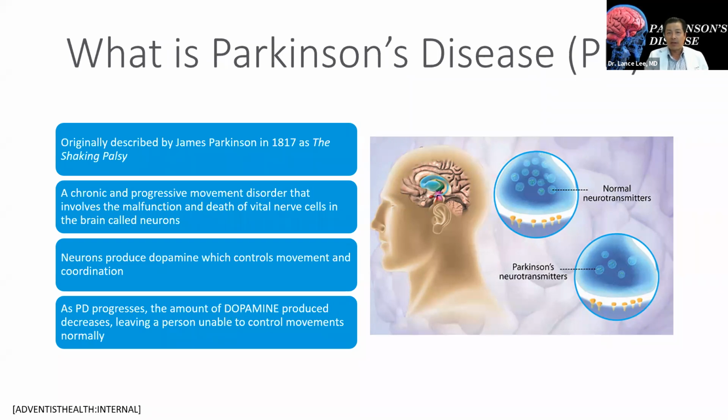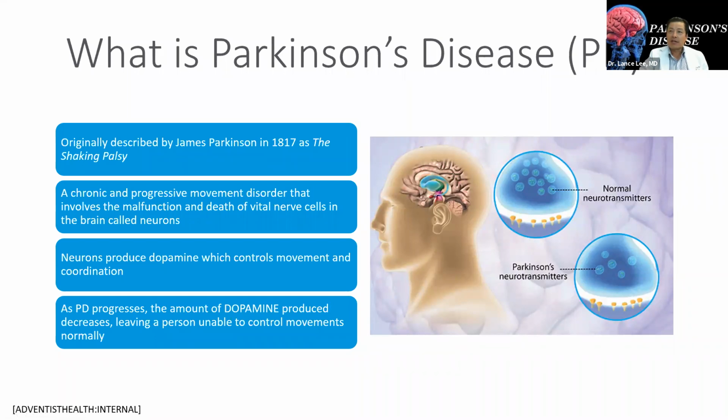We're going to talk about that in detail. The main problem with Parkinson's disease is that we're losing dopamine in the body, which is essential for body movement and other bodily functions. That is the essence of this disease.